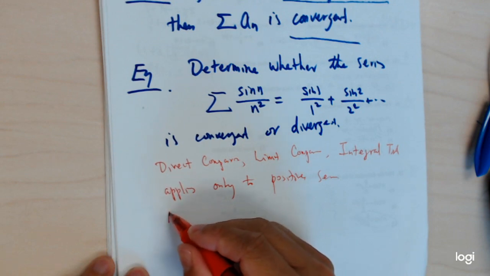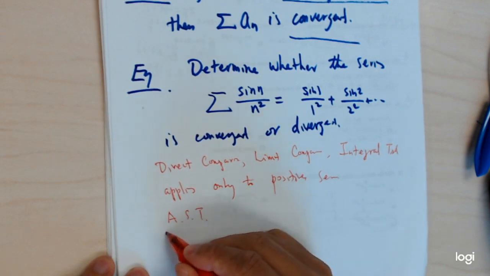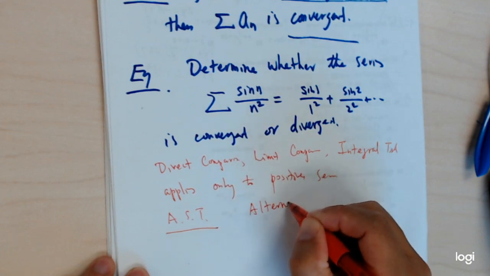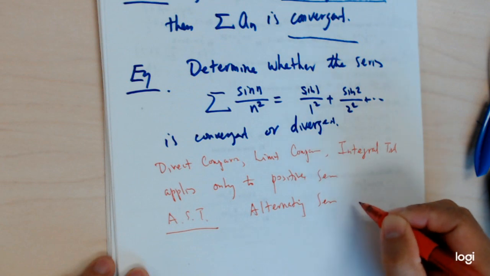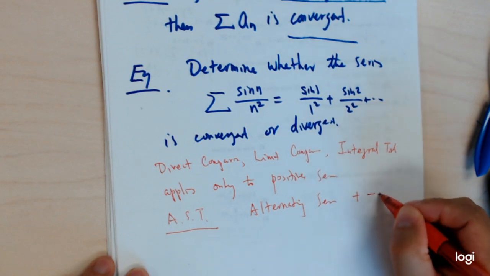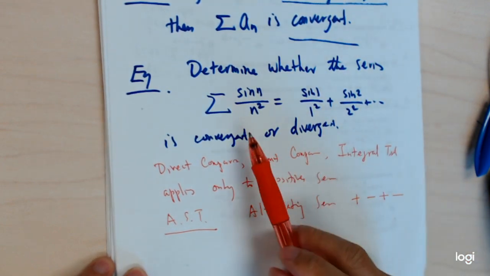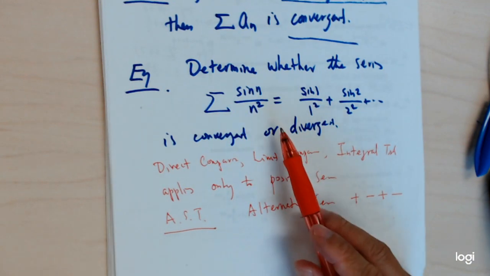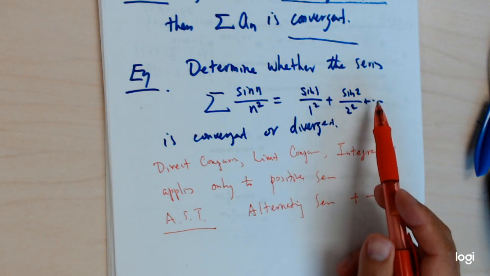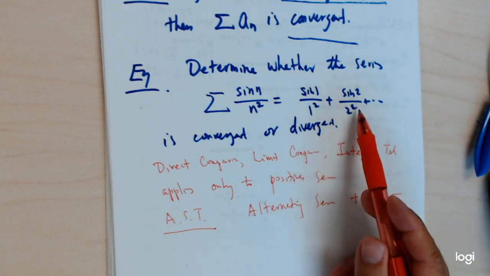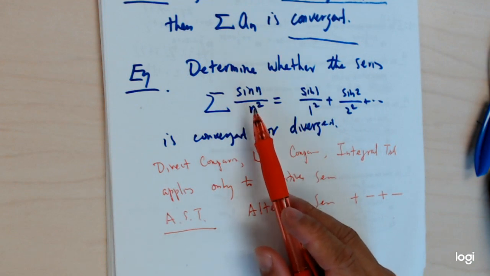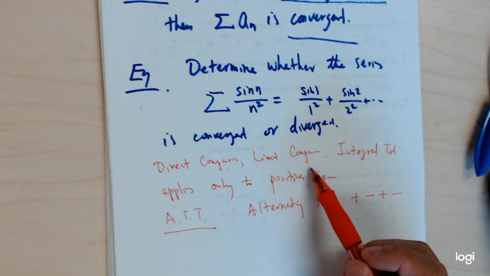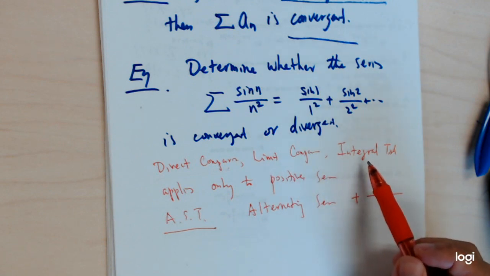And the other test, which is the alternating series test, applies to alternating series, where the signs keep switching from positive to negative and then positive to negative. Now this series, sine n over n squared, is clearly not a positive series because there might be some negative terms in there. I just don't know where they are. In other words, for this series, I cannot apply the direct comparison test, I cannot apply the limit comparison test, and I cannot apply the integral test either.